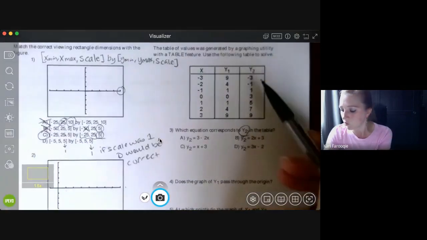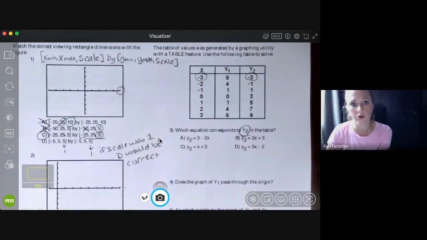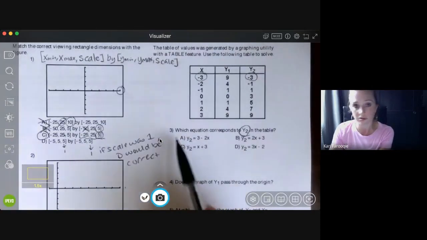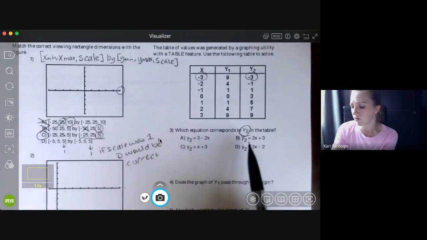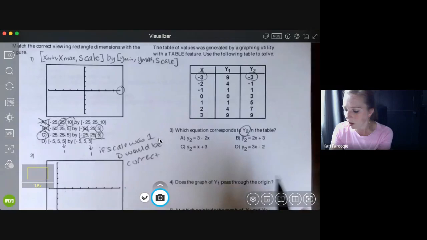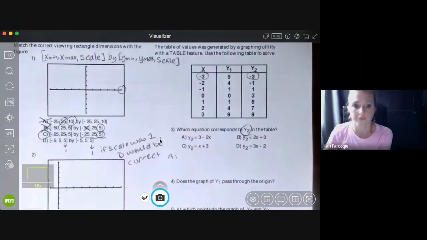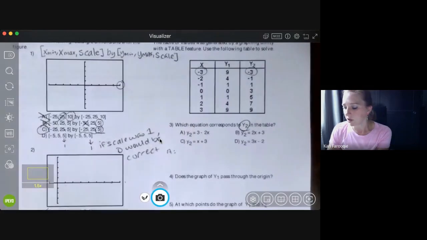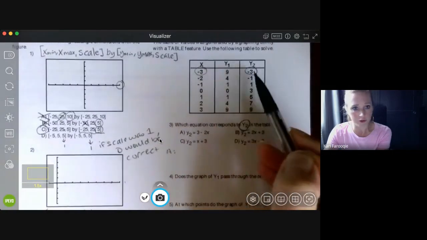So what we're going to do is take the values for x and y sub 2, and plug them into these equations. And we're going to figure out which one of these equations is true for all of the values that show up in the table. So if I was checking A, for instance, I'm looking at y sub 2, and I'm just going to start with the first row.